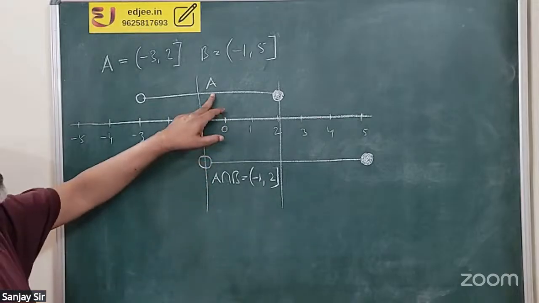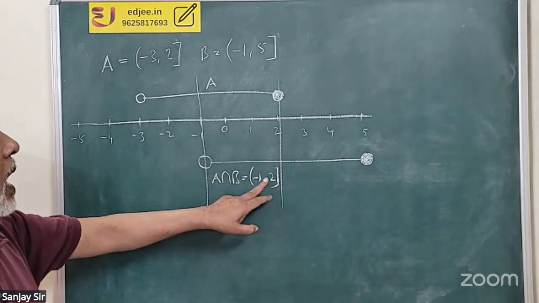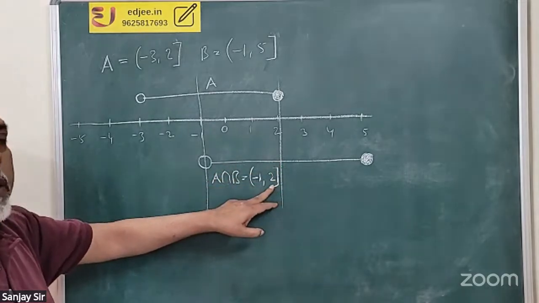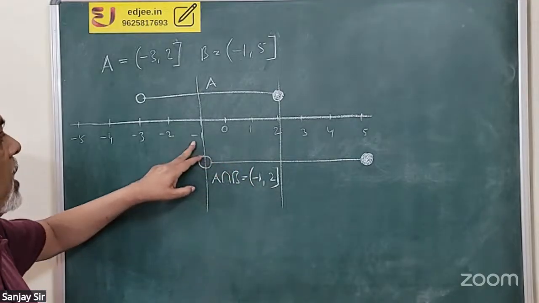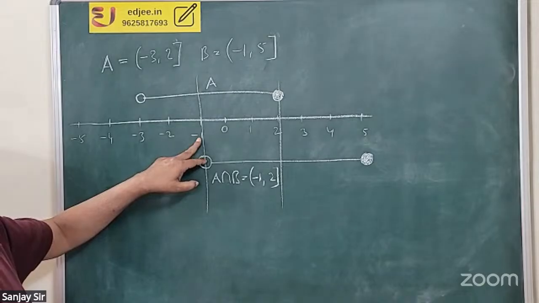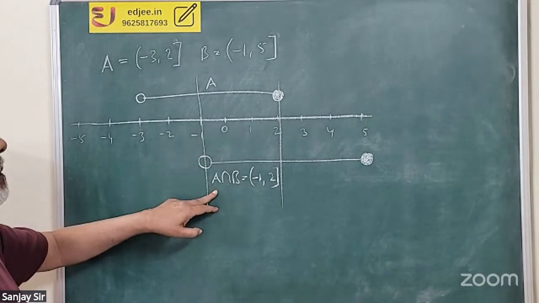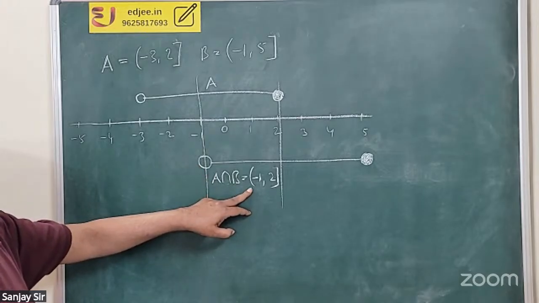Here you see in A, 2 is there. And in B also 2 is there. That's why it has been included in this. But here in B, -1 is not there. I hope you understood this. That's why it's an open bracket.